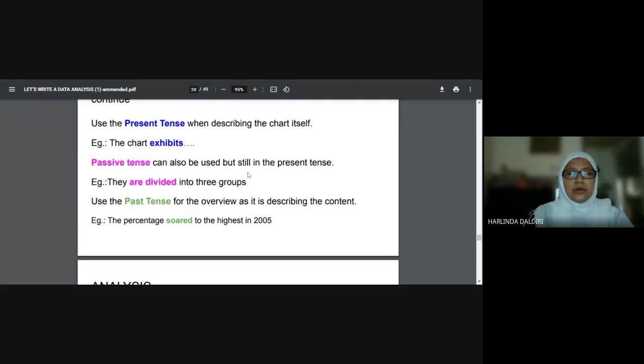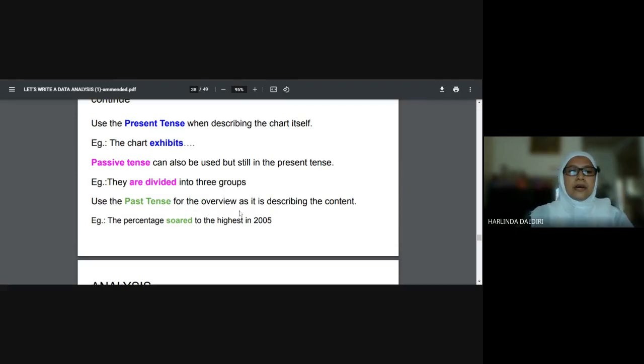Use it in your writing, whether it's in task 1 or task 2, because when you are able to show your skill in writing passive voice, it gives a good impression to the examiner. Not everyone can use passive voice smoothly in their writing. If you can use passive voice correctly, that means you have that skill of understanding sentence structure in English.